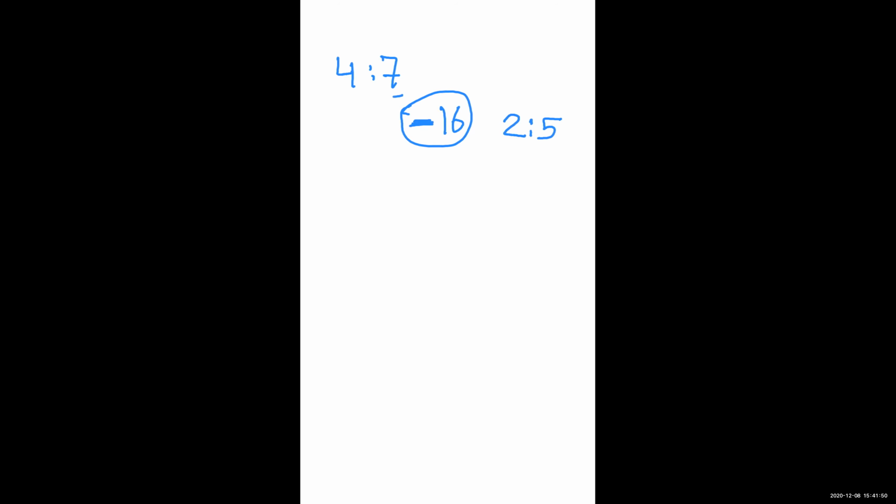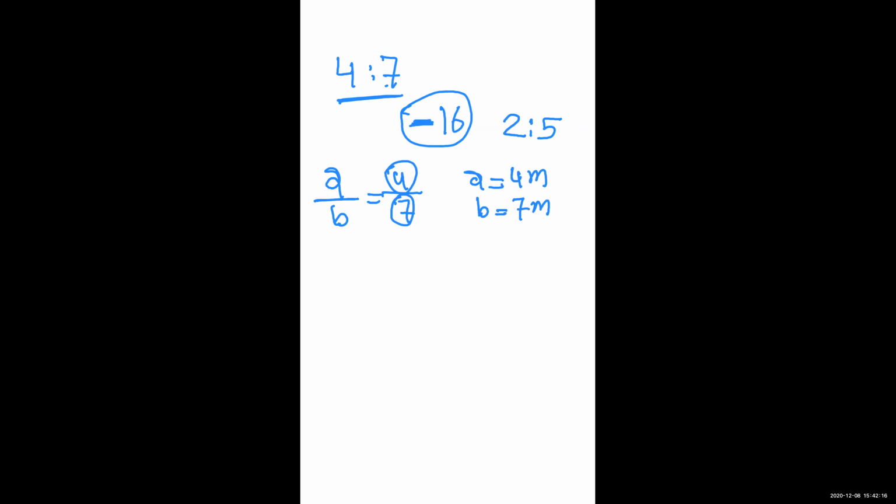We will assume that the two numbers are A and B. So first, A over B will equal 4 over 7. Okay, so now A will equal 4M. B will equal 7M.